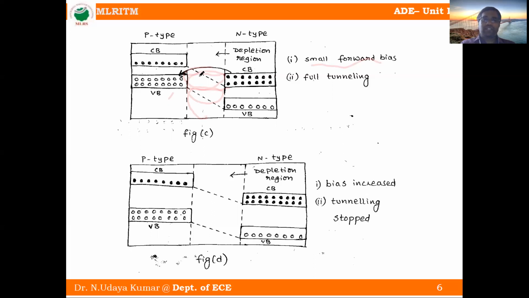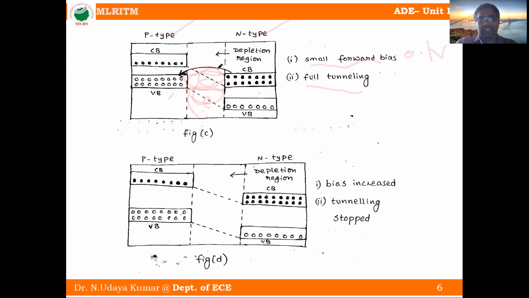So this mechanism we call tunneling. Whenever a small forward voltage bias of 0.1 volts is applied, tunneling occurs, because the valence band in the P type and the conduction band in the N type are at the same level.